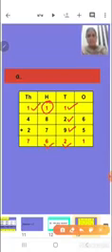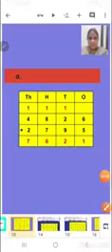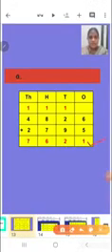In thousands place we have 1 plus 4 plus 2 which is 7. Children, so the answer is 7,621. Children, this same answer we should get after adding using expanded form.